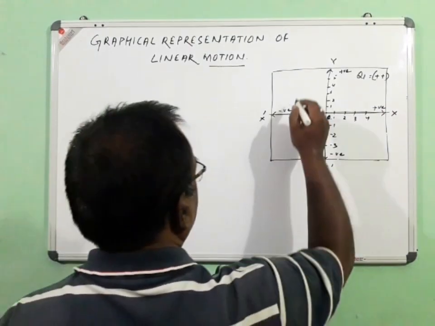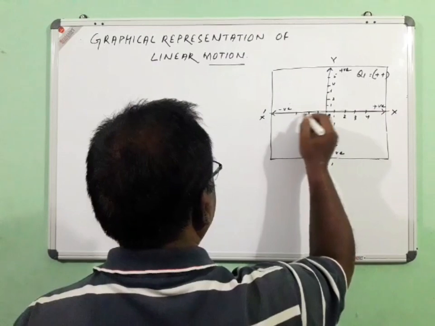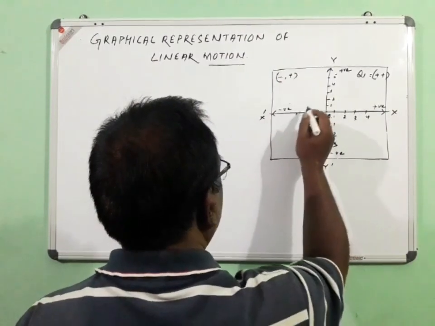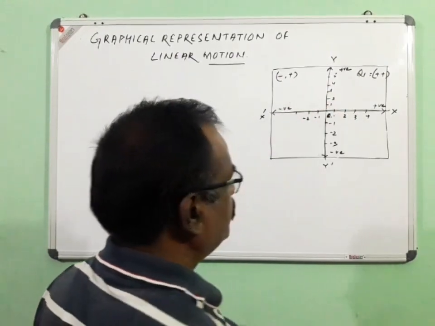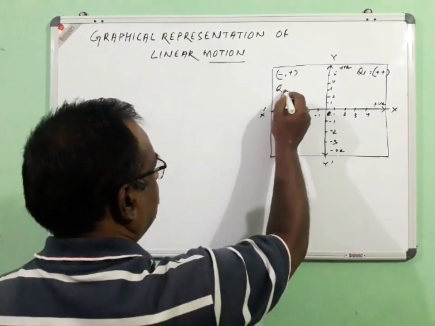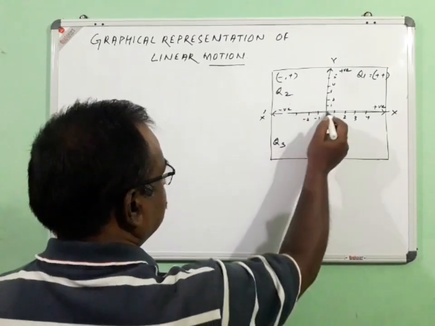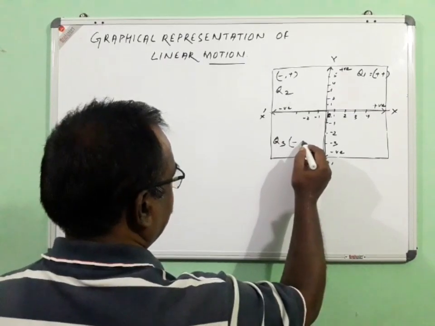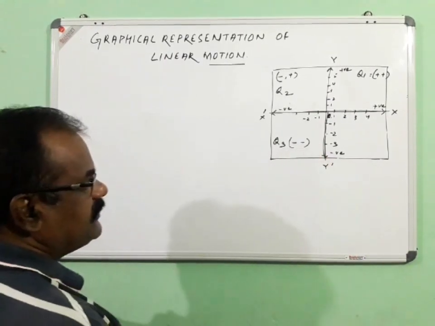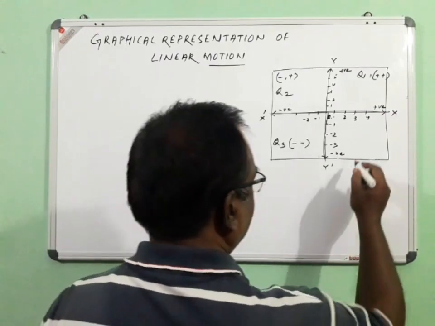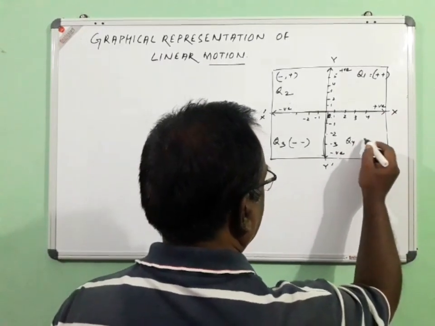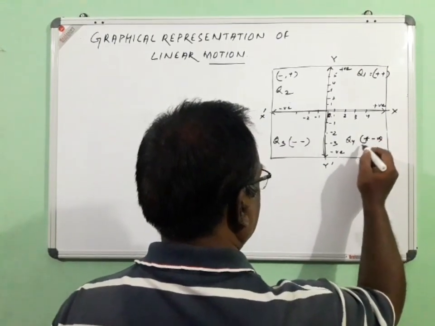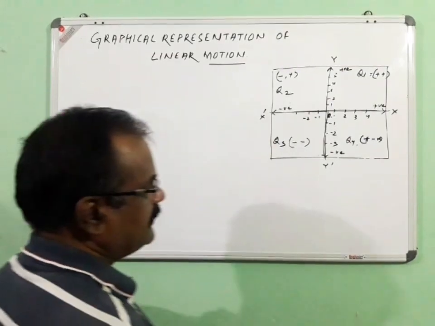The second quadrant is negative and positive: on the x-axis the values are negative and on the y-axis positive. The third quadrant is negative and negative: both x and y values are negative. Similarly, the fourth quadrant has positive and negative values: on the x-axis positive, whereas on the y-axis negative.